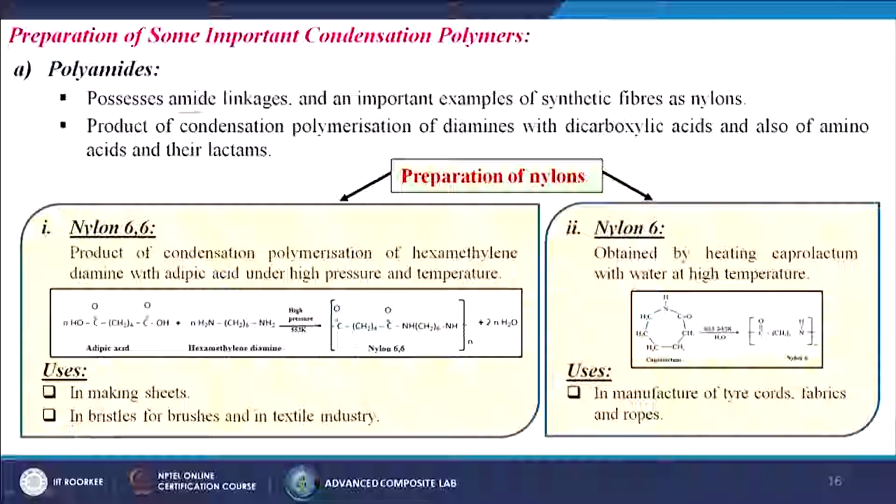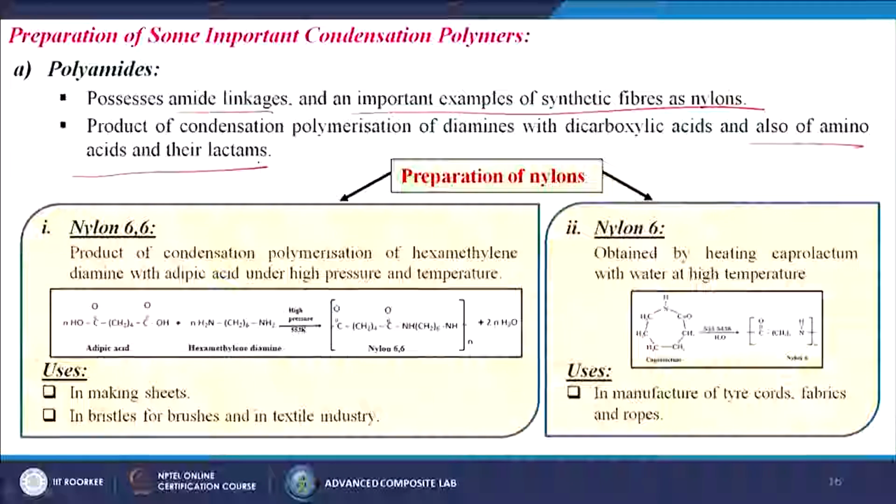Next, we are going to discuss the preparation of some important condensation polymers. First, polyamides, which possess amide linkages. An important example is the synthetic fibers called nylons, the products of condensation polymerization of diamines with dicarboxylic acids, and also of amino acids and their lactams. How do we prepare nylon 6,6?